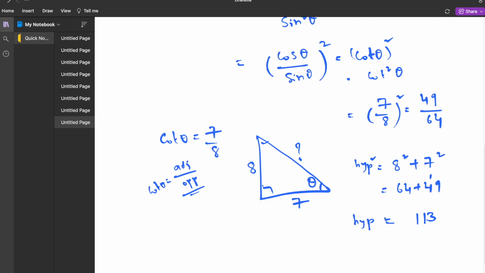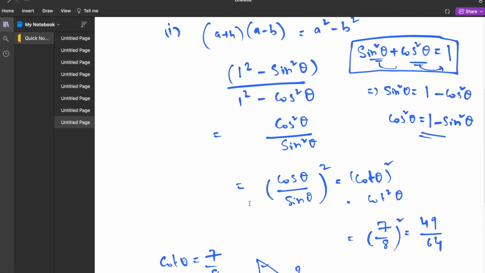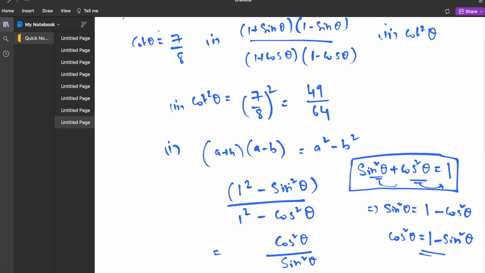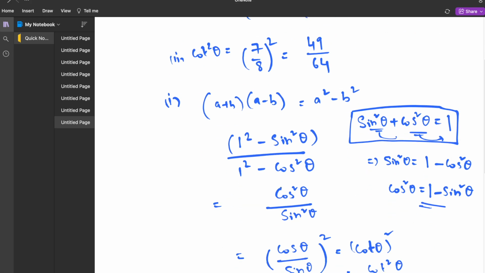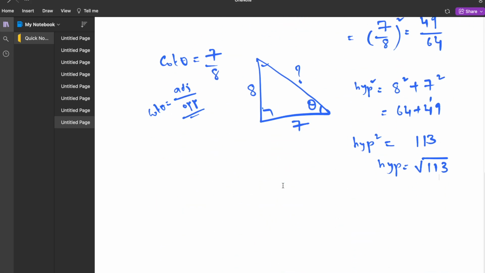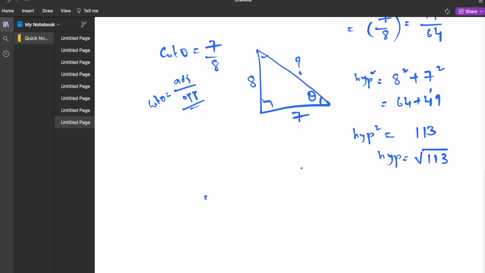Hypotenuse is nothing but root of 113. So using this, we have to solve (1 - sin² θ) divided by (1 - cos² θ). So now we know the hypotenuse.